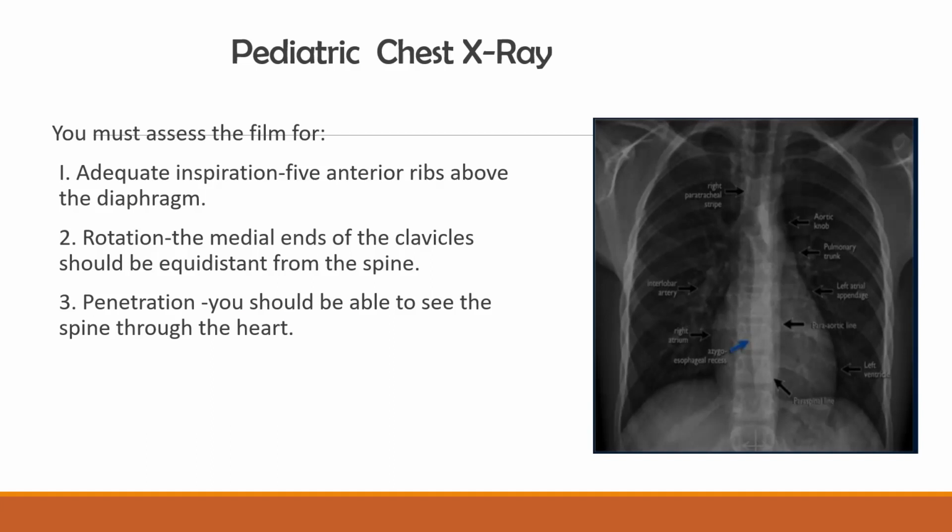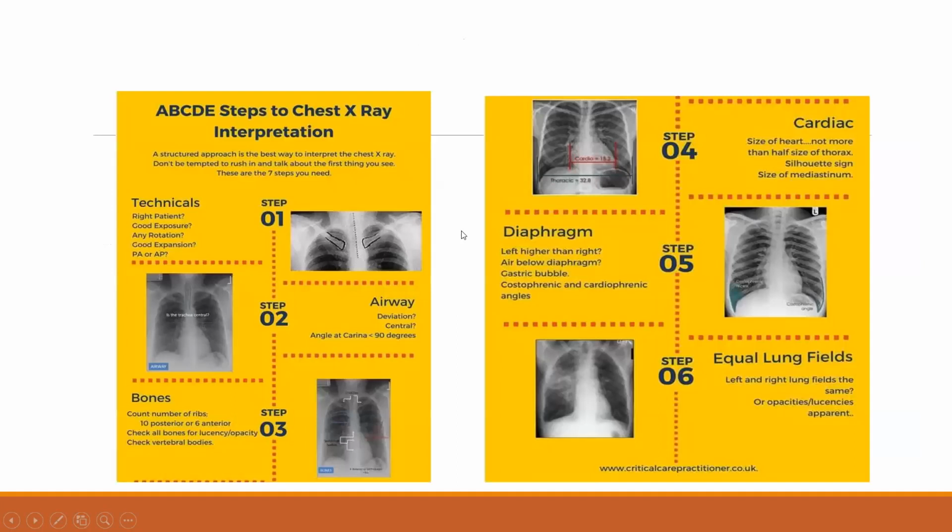If we see the spine through the heart, that means good penetration is there. If the medial ends of the clavicles are at equal distance from the spine, then rotation is normal. And if we see 5 ribs centrally and above the diaphragm, then adequate inspiration is there, but it will not be asked in the exam. So that is technique.